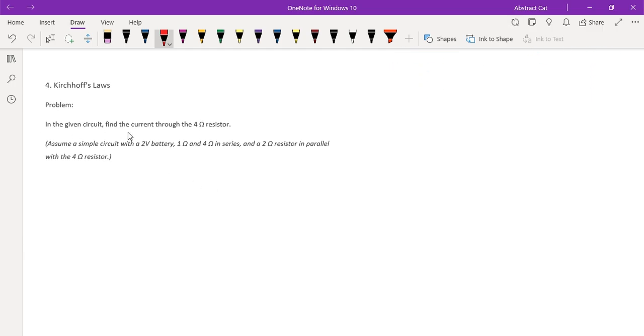Now question number 4, Kirchhoff's law. In a given circuit, find the current through the 4 ohm resistor. Assume a simple circuit: a 2-volt battery, with 1 ohm and 4 ohm in series, and a 2 ohm resistor in parallel with the 4 ohm resistor.